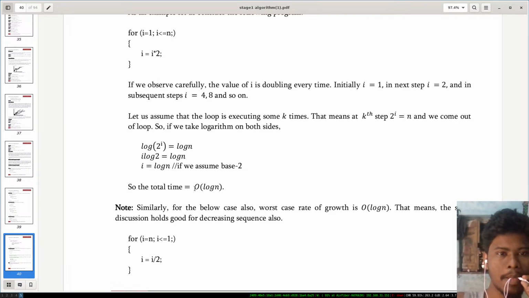That means the kth step is 2 to the power k, and 2 to the power k is equal to n. And we come out of the loop. So if we take logarithms of both sides.